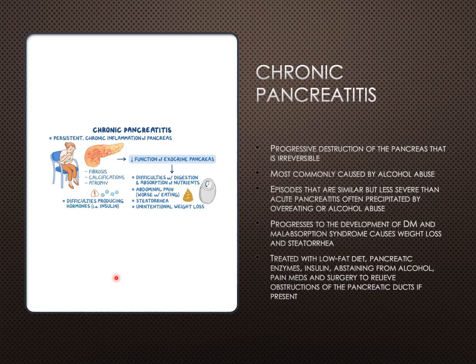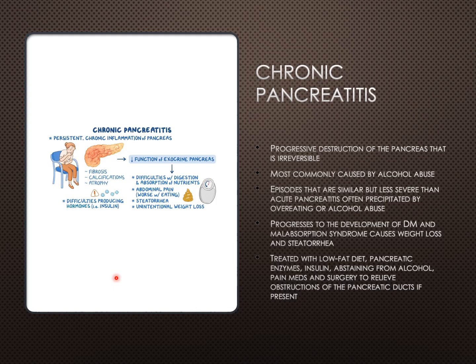When we're treating chronic pancreatitis, we may make dietary changes like instituting a low-fat diet. We can give pancreatic enzymes orally, especially when people eat, to help reduce that overall malabsorptive syndrome. Patients may need insulin supplementation if they stop making insulin. We ask patients, of course, to abstain from alcohol.